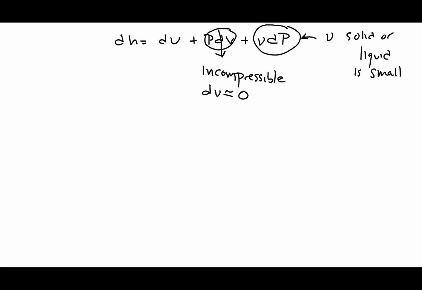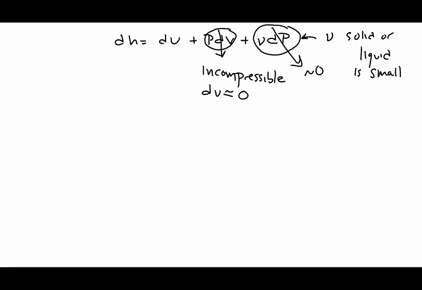So we're going to assume that this term is approximately 0 as well, because we're assuming that the specific volume is approximately 0. And I'm going to come back to this term in a minute.